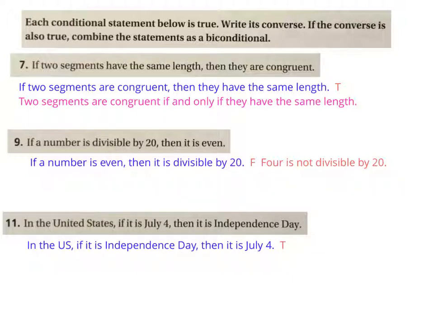So then we should be able to write it as a biconditional. And how would we write that? We would say, in the US, it is Independence Day if and only if it is July 4th.